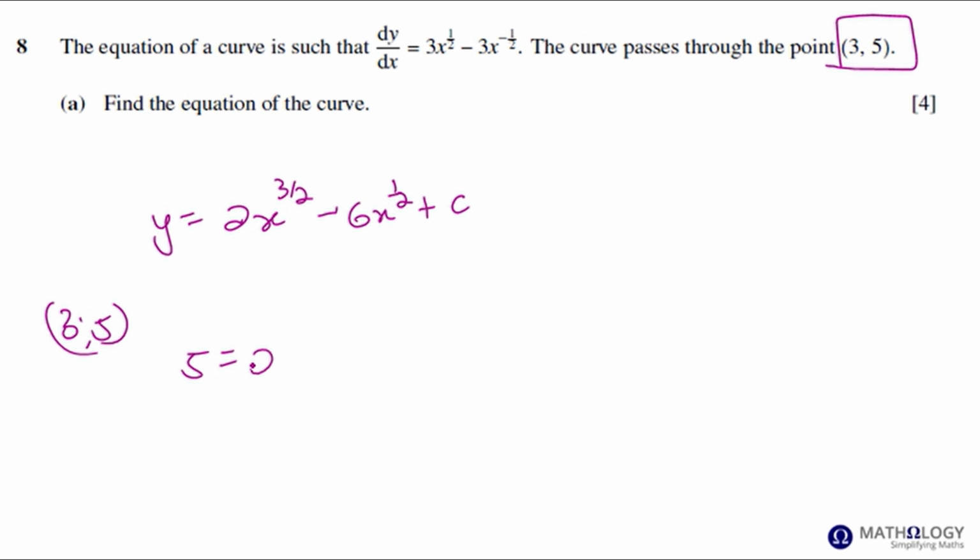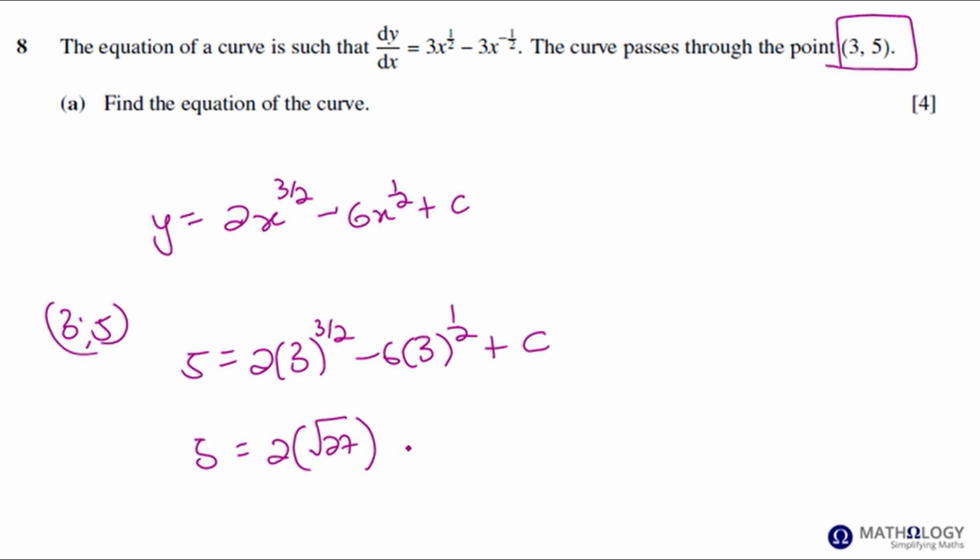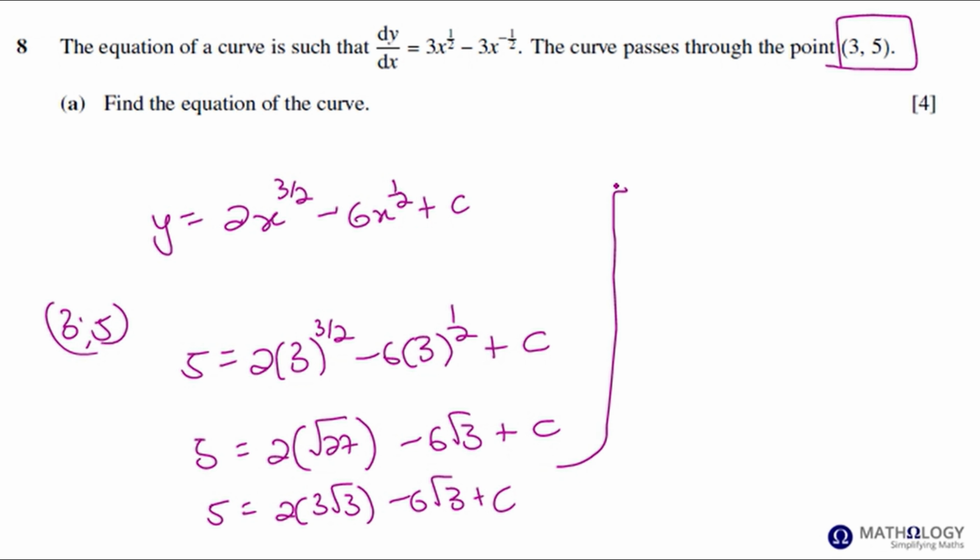So 5 equals 2 times 3 to the 3 over 2 minus 6 times 3 to the half plus c. 2 times the square root of 27 minus 6 root 3 plus c. 5 equals 2 times 3 root 3 minus 6 root 3 plus c. 5 equals 6 root 3 minus 6 root 3 plus c.